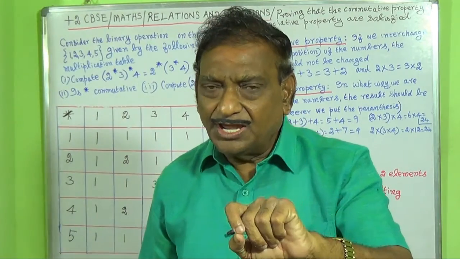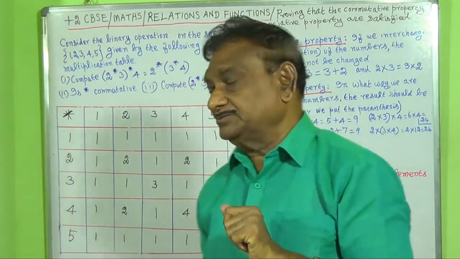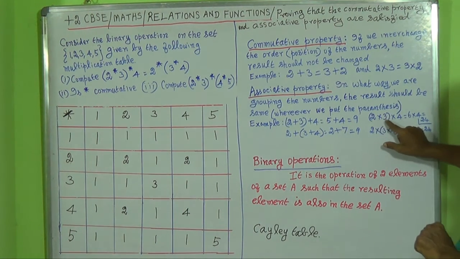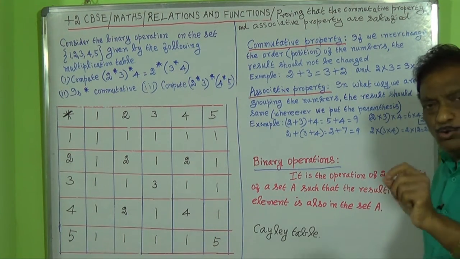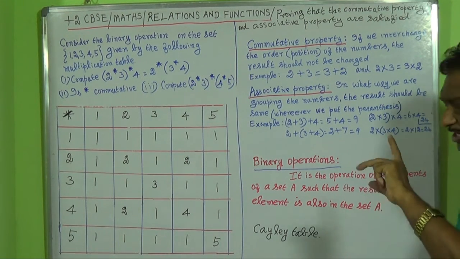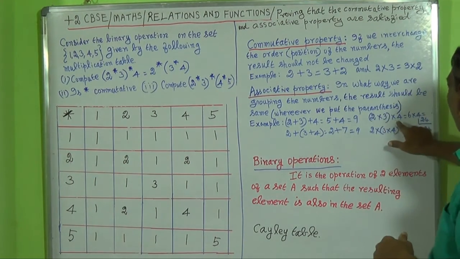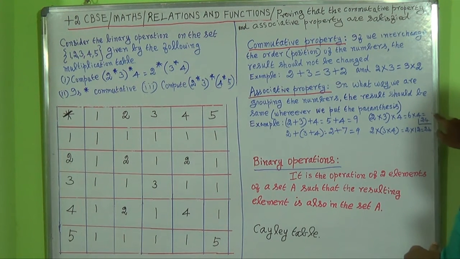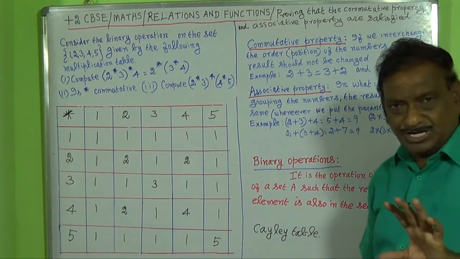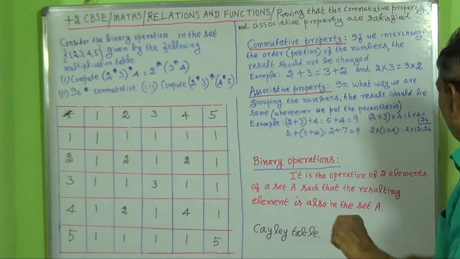Then let us see what will happen to the multiplication operation. For example, we multiply 2 with 3. If we multiply 2 and 3, we get the result 6. After getting the result 6, we multiply this 6 with 4. Therefore, the final result is 24. In this case, we grouped the numbers 2 and 3. Now we are going to group the numbers 3 and 4.